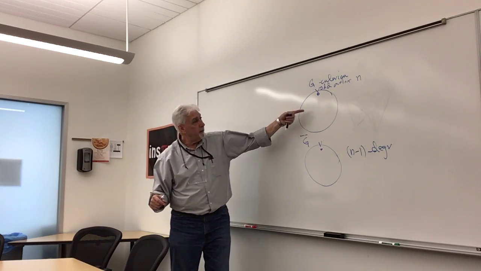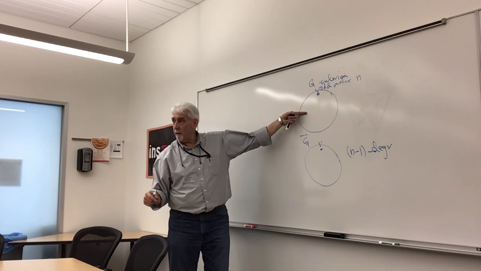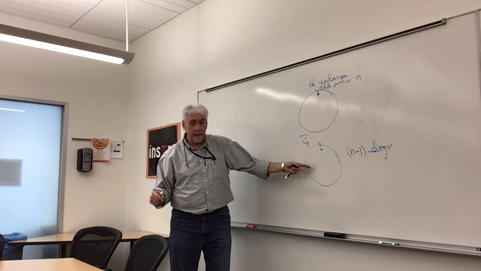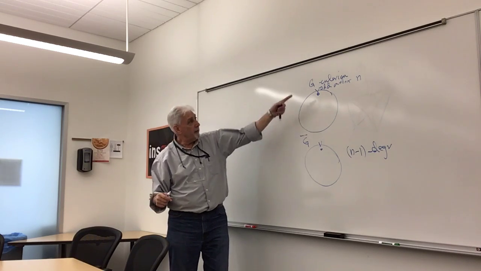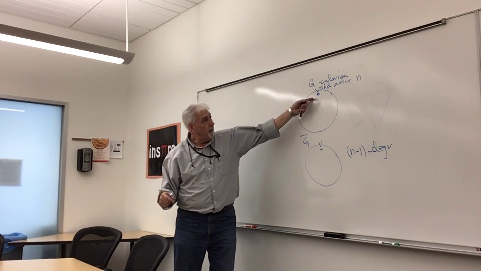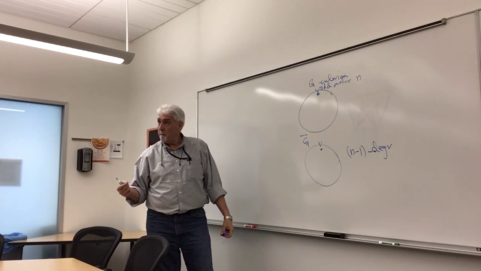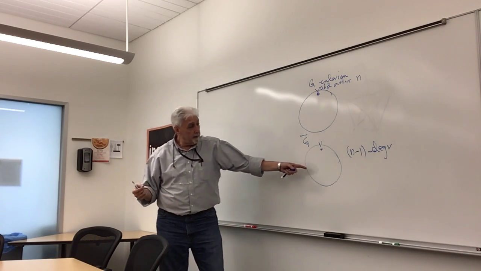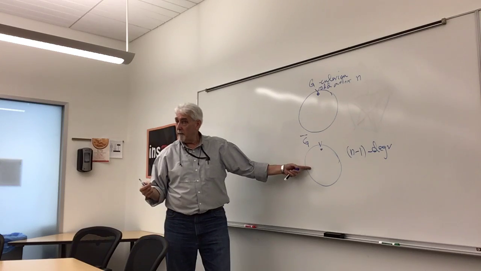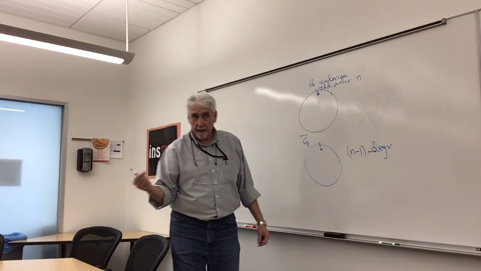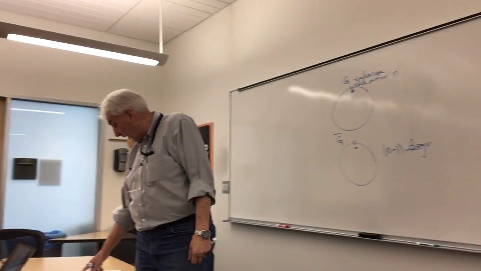So if G is an Eulerian graph of odd order, its complement is connected, and every vertex has even degree, then G complement is also an Eulerian graph. Okay? The key here is that it was connected.